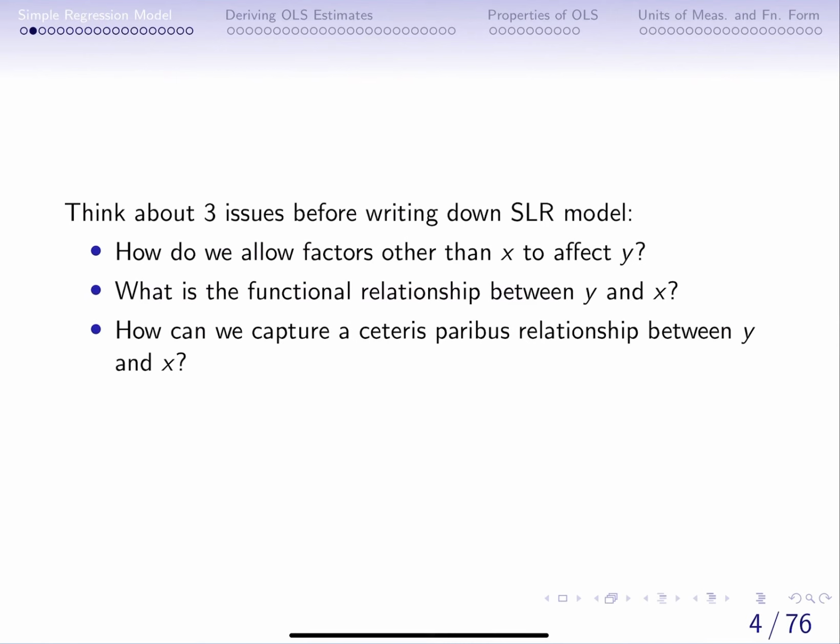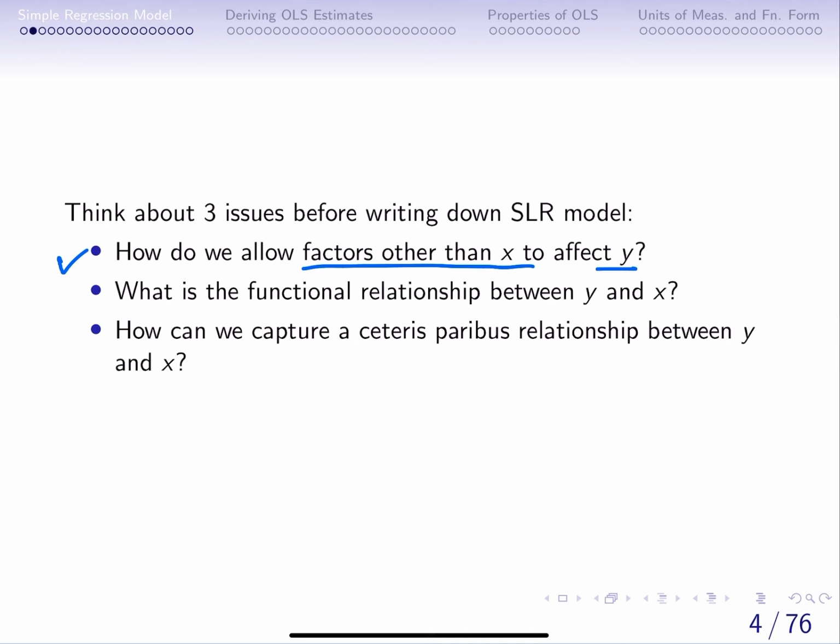Now, before we write down our simple linear regression model, there are a few things we want to remember from our previous videos. The first thing is how do we allow factors other than x to affect y? So in the examples that we took, you might think about crime rates, and you might think, well, maybe unemployment rates cause crime rates to be higher, and not just the number of police officers in the area.